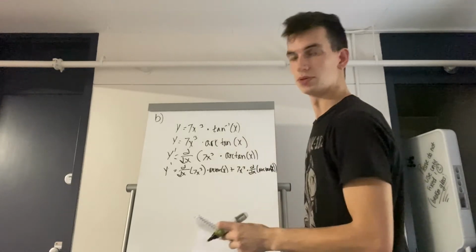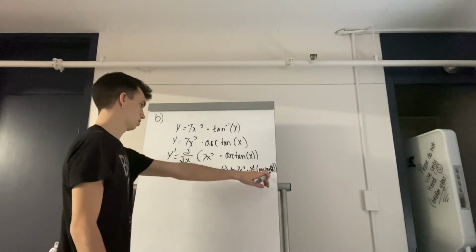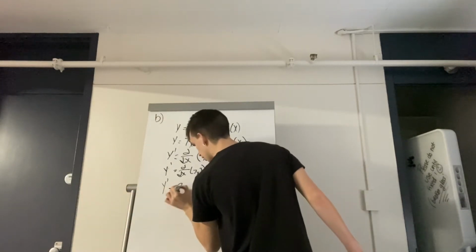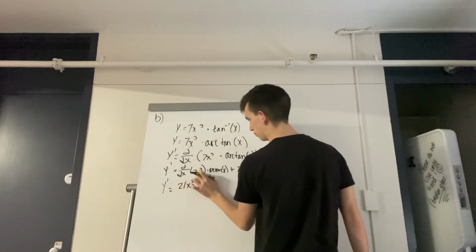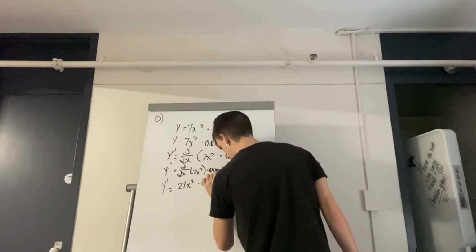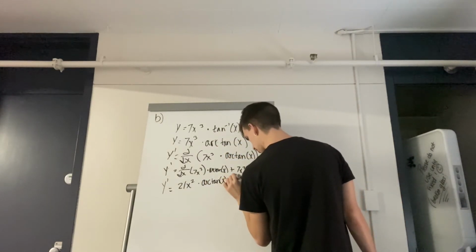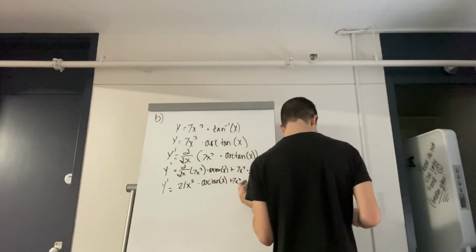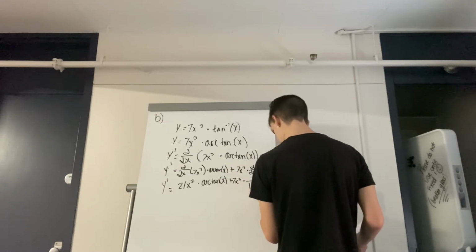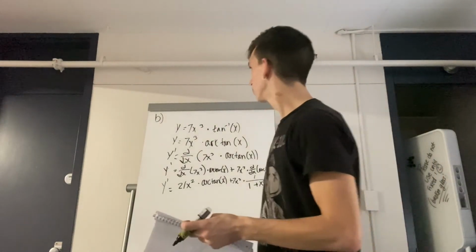Okay, from here, we are going to find the derivative of these two, and that's y prime equals 21x squared, we did the derivative of this, times arctan x, plus 7x cubed times 1 over 1 plus x squared. That's the derivative of arctangent x. And that's all of our work for problem 1, part B.